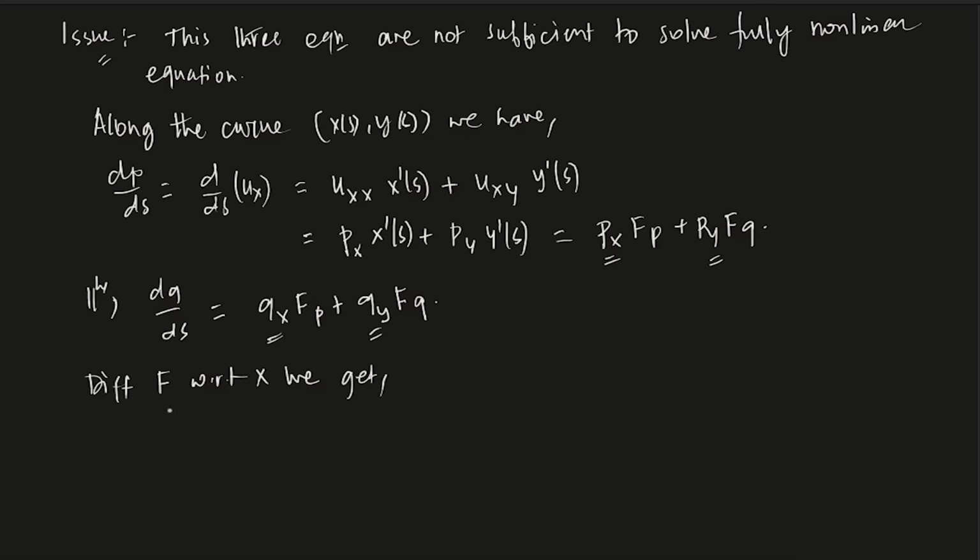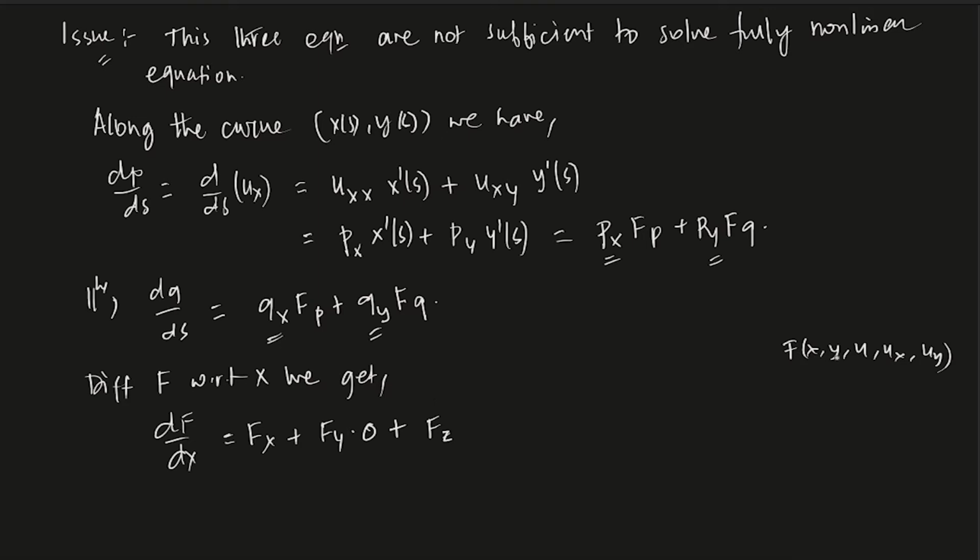If I derive f with respect to x, I get df by dx, that is fx, since f depends on x, and x with respect to x is 1, plus fy times dy by dx, which is 0 when differentiating x with respect to y, plus fu. F depends on x, y, u, ux and uy. So the derivative of f with respect to x, with dx by dx being 1, gives fx.